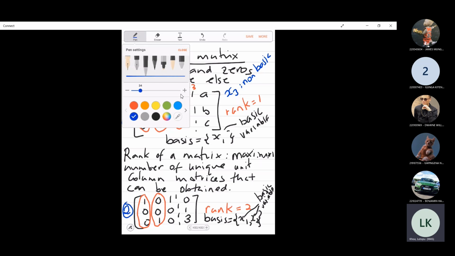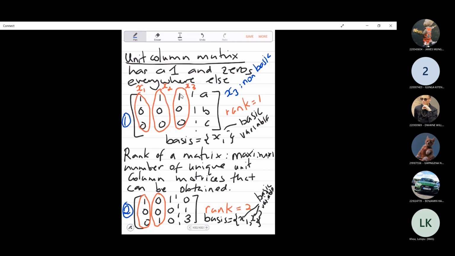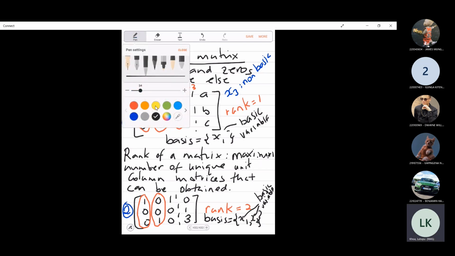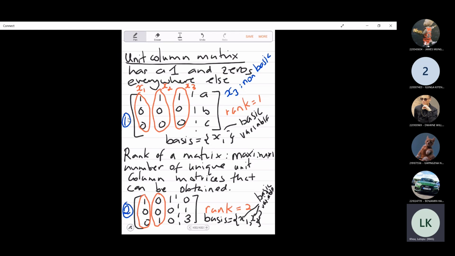So if we have something like this, we have our system over here. We've done the Gaussian elimination. Let me just pick numbers here. Let's say 2, let's say 0, 0, just so it looks good.